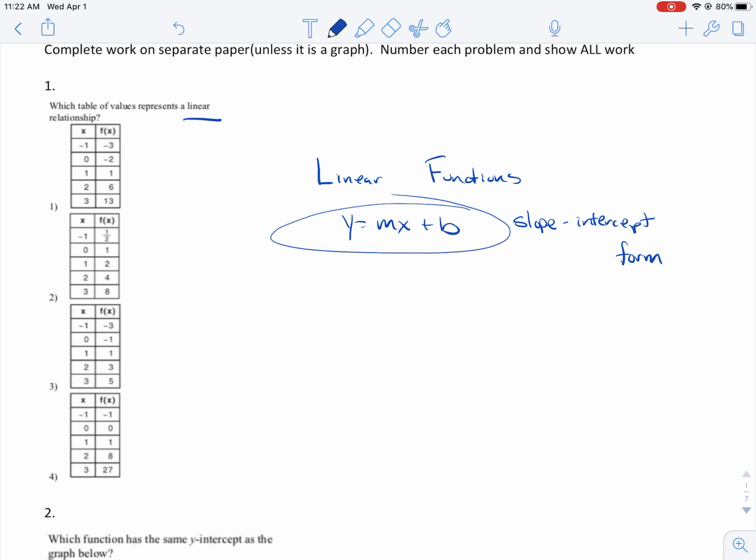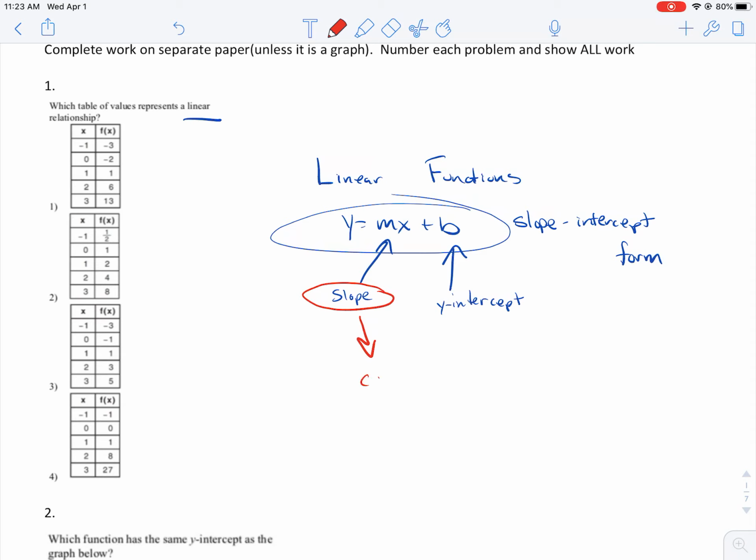There are two other forms, but this is the form we're used to putting these things in because, for one, it gives us both pieces of information on what our slope is and what our intercept is. So that's our slope, that's our y-intercept, hence the name slope-intercept form. But once we have it in this form, it's also a lot easier to graph.